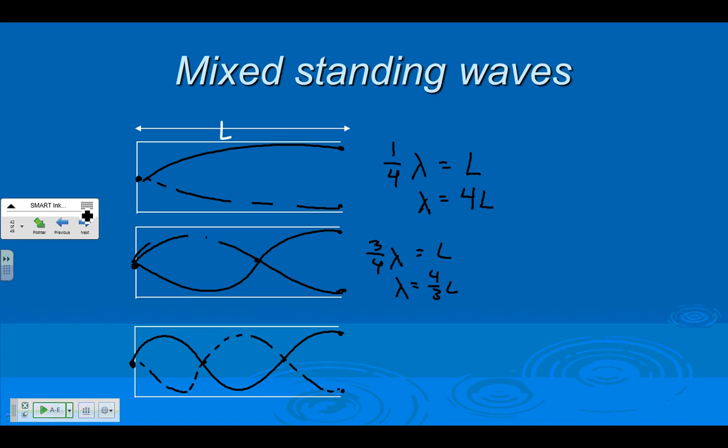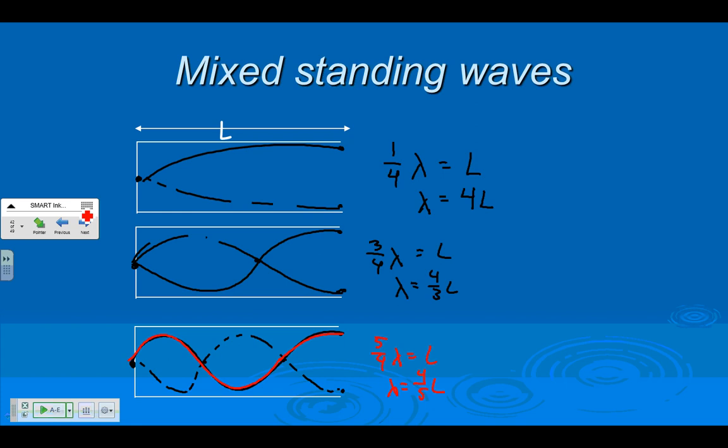How many waves? One and a quarter, or 5/4. So the wavelength is 4/5 L.